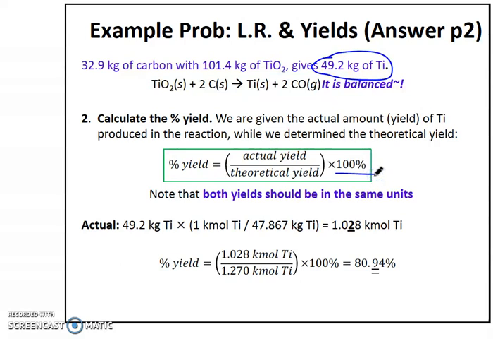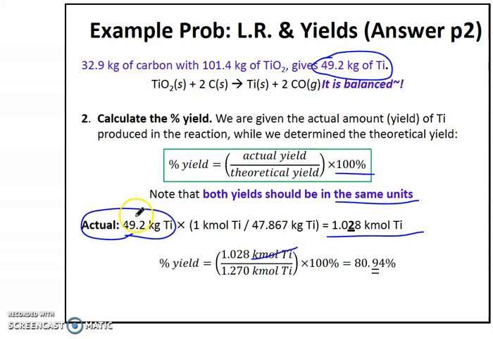When we do this, remember, the key point is that both of them should be in the same units. Our theoretical yield was calculated in kilomoles, so we can either convert that into kilograms, or take this actual amount in kilograms and convert it into kilomoles, such that when we take the ratio, we can cancel the units.